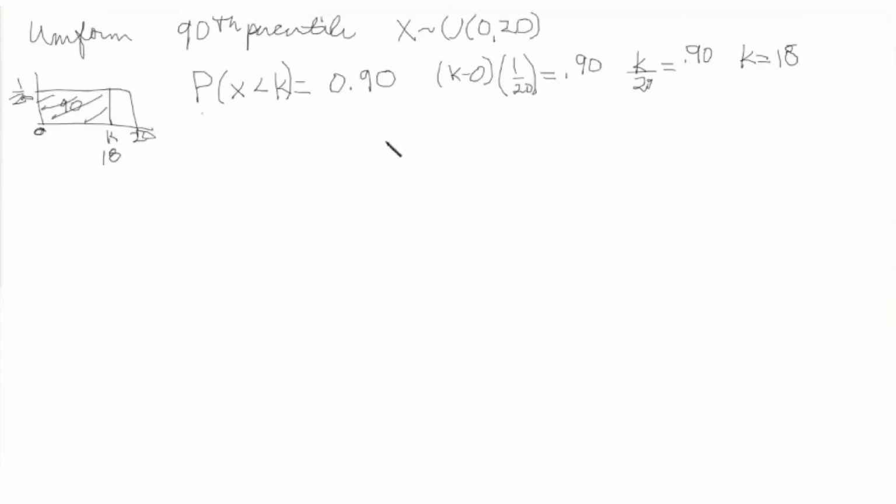Any questions? So then when you're finding your quartiles, once again, it's going to be the same thing. If I wanted to find the IQR, I'm going to do the same thing.